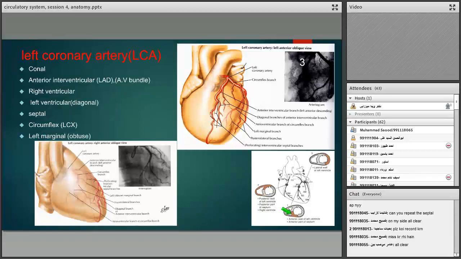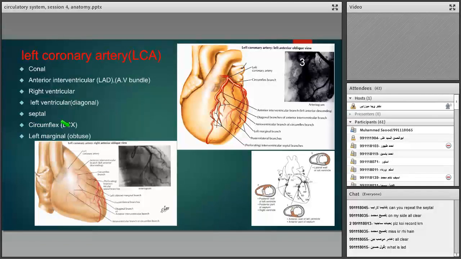After that, the other branch of the left coronary artery is called the circumflex artery. Why circumflex? Because it is going around the heart, so it is called the circumflex or LCX in the clinic.